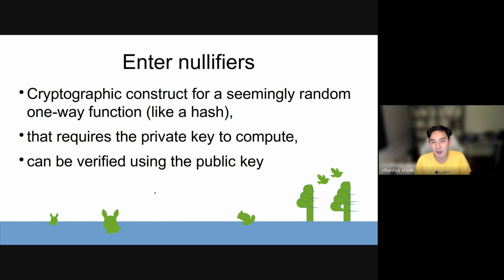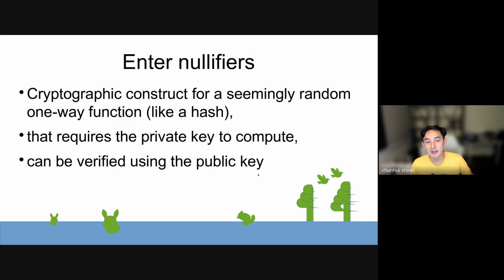So it is a cryptographic construct, right? It has some similarities to a hash in a way that the output of the nullifier is seemingly random, very much like how a hash function works, and it's a one-way function as well, like a hash. However, there's an additional requirement that the private key is used to compute the nullifier itself, right?